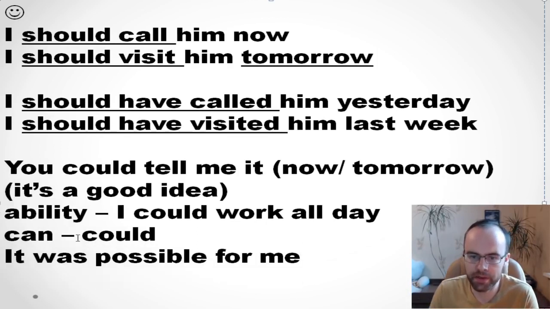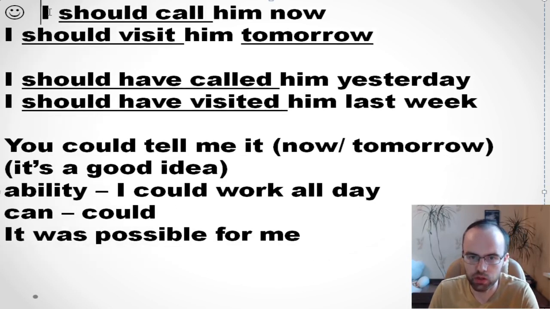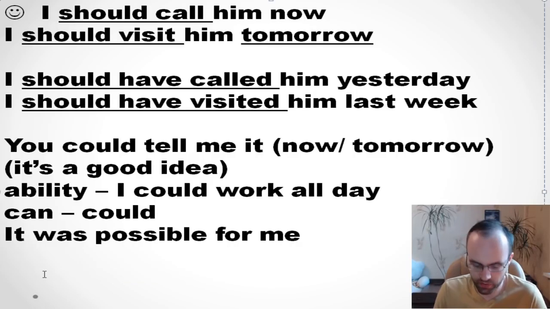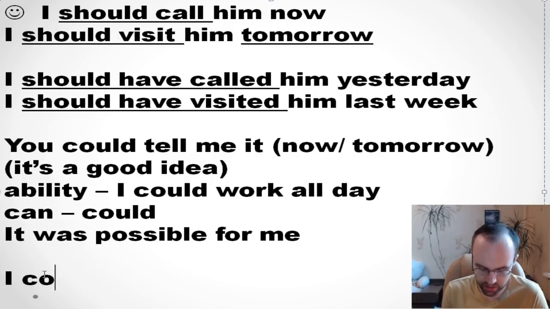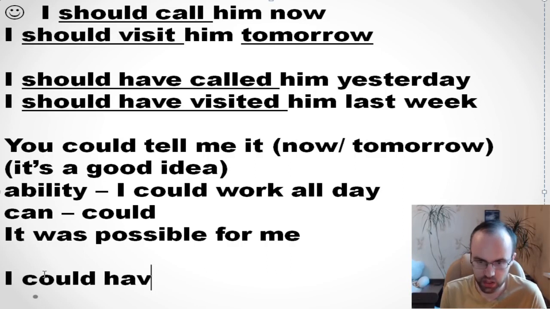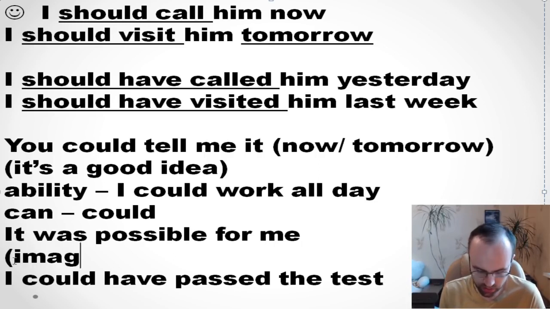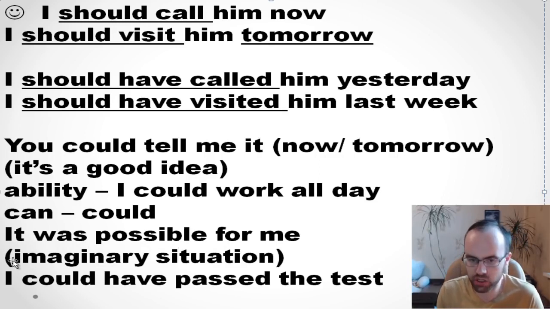So there is another structure, could have done. It's about an imaginary situation. For example, I could have passed the test. So you see, it's about an imaginary situation, so we imagine it.